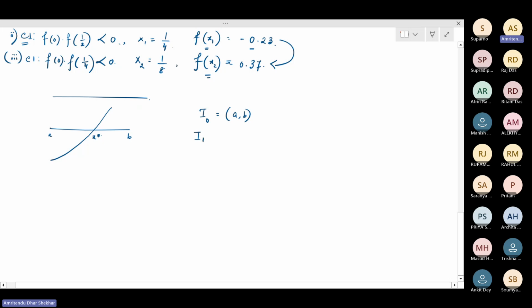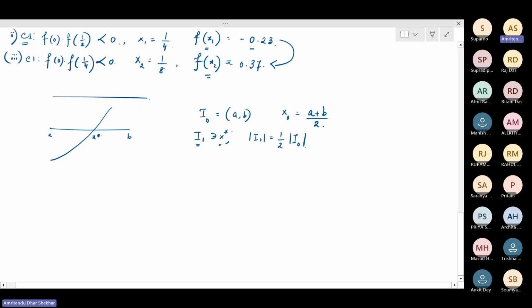Your x naught here is (a plus b) by 2, your starting estimate. The interval I1 that it chooses also contains the root x star, and the length of I1 is half times the length of I0.